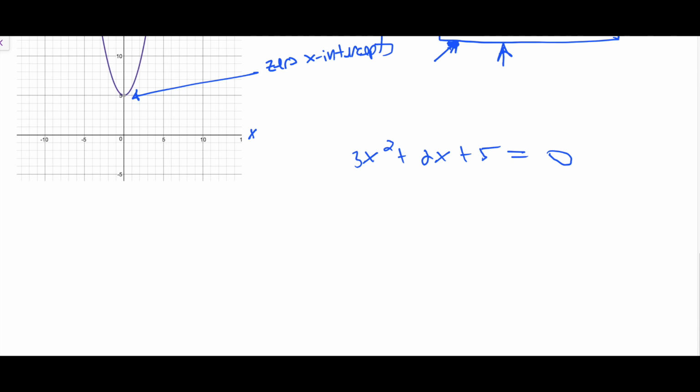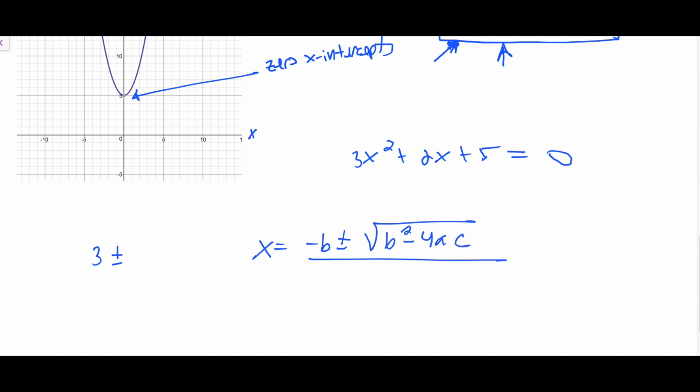Okay, let me do an easier one. Let me just make one up. Wait, let me write it down. So x equals negative b plus or minus the square root of b squared minus 4ac, all over 2a. All right, you see how the quadratic formula starts off with x?